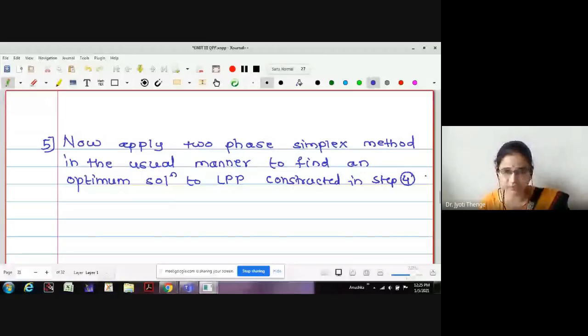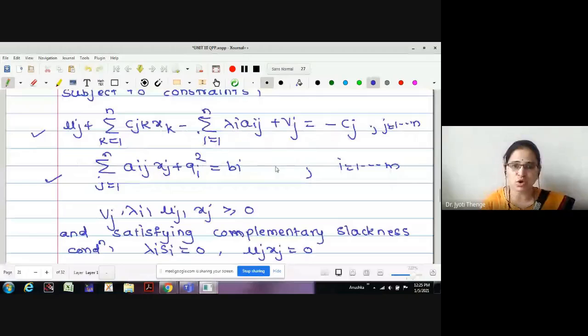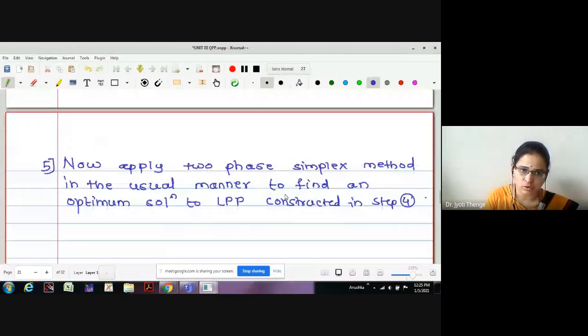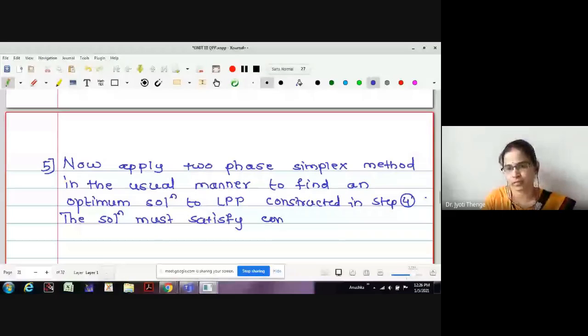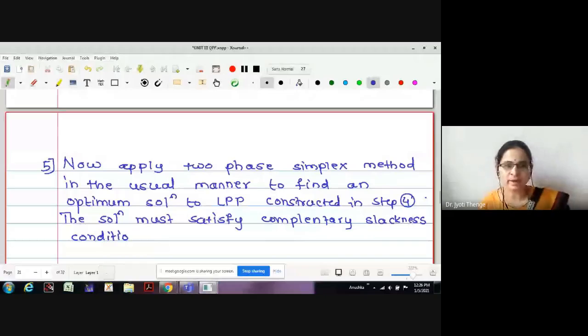Now, whatever solution we have obtained, the solution must satisfy these two complementary slackness conditions. Let us write this also: the solution must satisfy complementary slackness conditions.